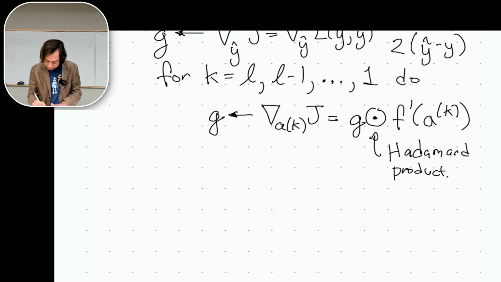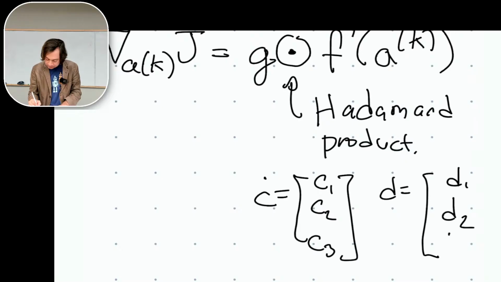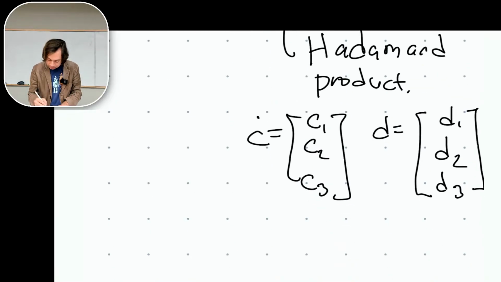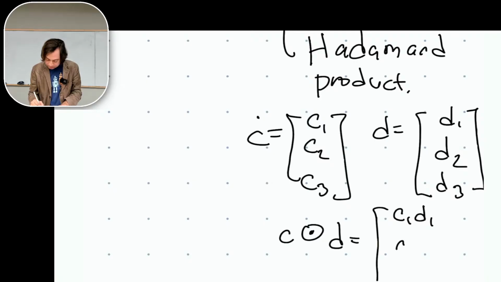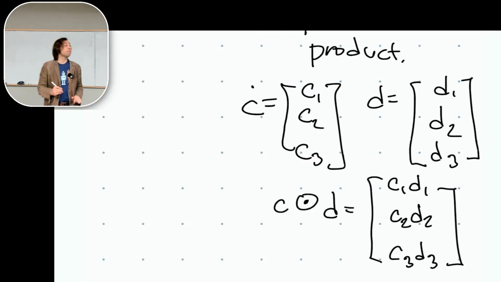If you have a vector C, which has C1, C2, C3, and a vector D that has D1, D2, and D3, then C Hadamard product D is just C1 times D1, C2 times D2, C3 times D3. Fancy name for a simple concept, right?